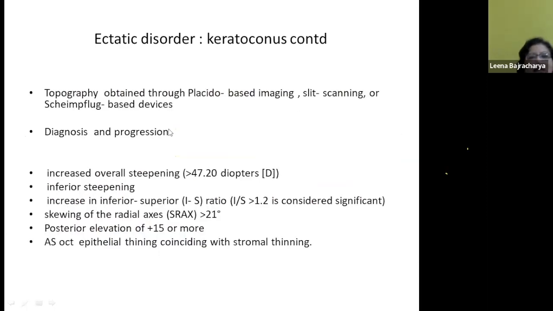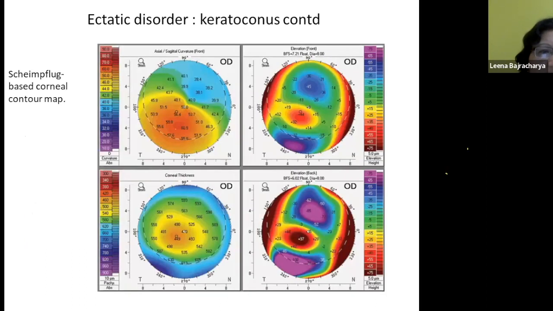Diagnosis is from topography and tomography, and in keratoconus we have to monitor the progression, and if progression occurs, we have to halt it by the collagen cross-linking procedure. In this picture, this is the Sim-K based corneal map showing increased steepness in the inferior part of the cornea, and elevation in the front.